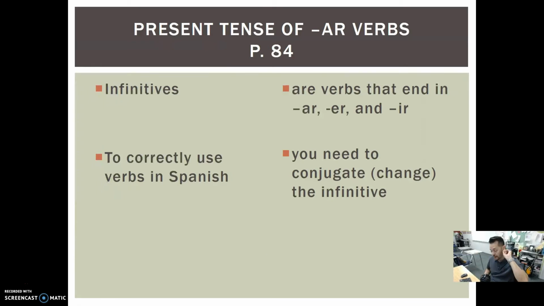Now, you're going to be hearing that word a lot. As long as you're taking Spanish in high school and beyond, conjugate verbs. Conjugate. Okay, one more time. Conjugate. You need to conjugate. You need to change these infinitives around. You have to convert them around, but depending on who is the one doing the action. Okay, so let me show you.